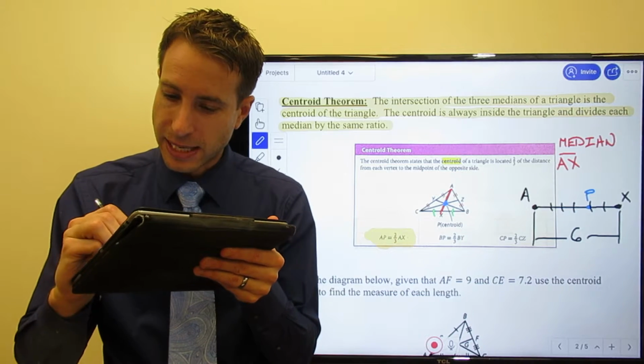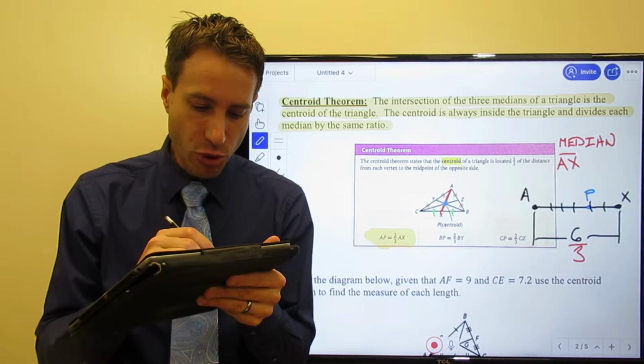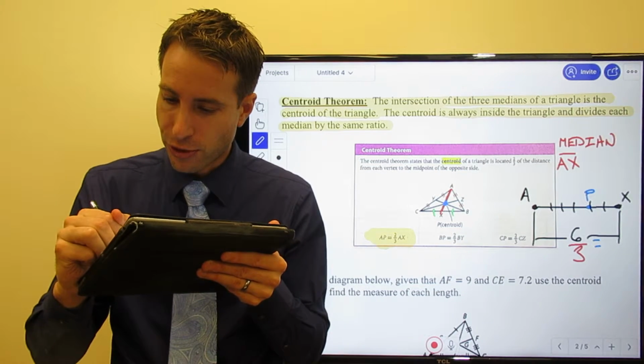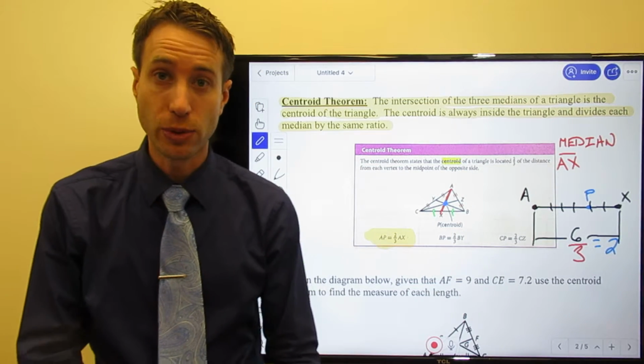You take the 6, divide it by 3, and a third is going to be 2 units.